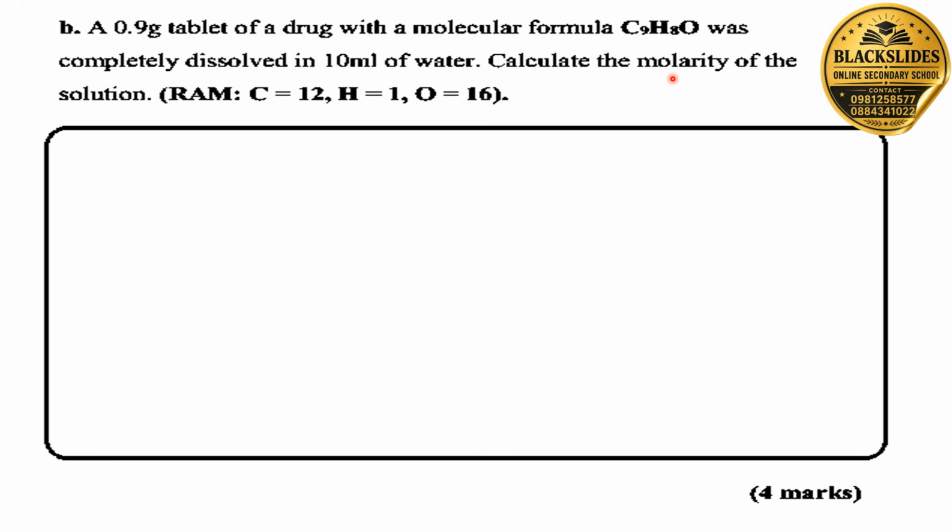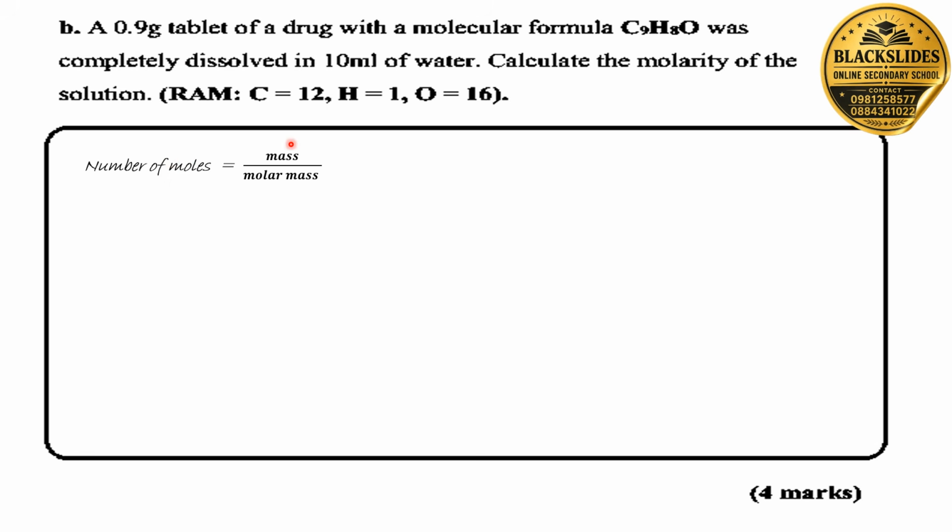So for us to calculate molarity, first we must know how many moles of the tablet we are dissolving. The number of moles is not given directly, but we are given the mass of the tablet. So the first thing you need to do is find the number of moles.